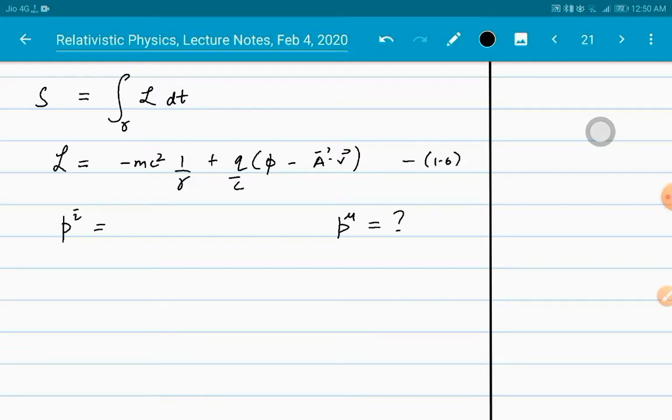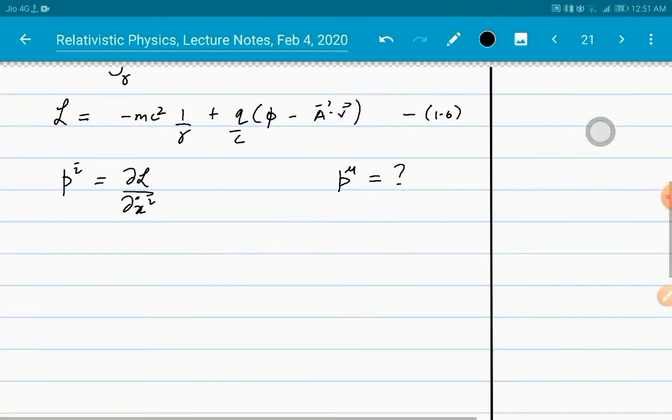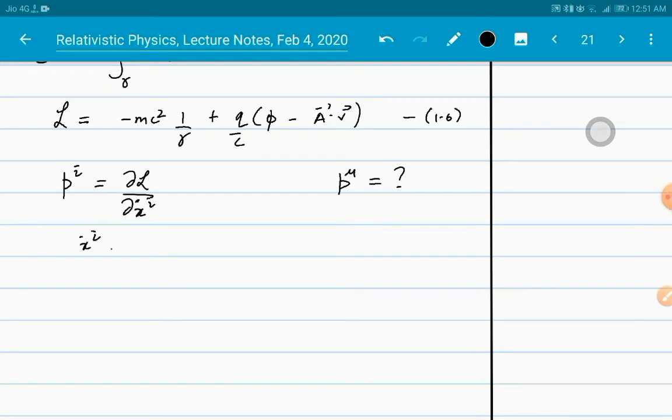So for the time being, let us continue with evaluating Pi. So Pi will just be equal to dL by d of the derivative with respect to xi dot. What is xi dot? Xi dot is equal to dxi by dt, or more simply the vector p is equal to dL by dv.